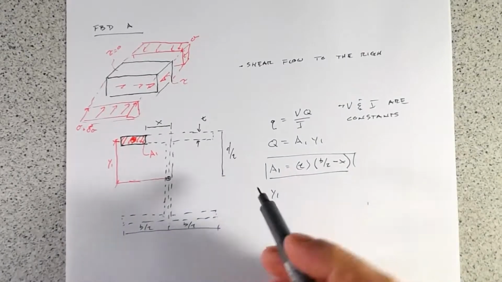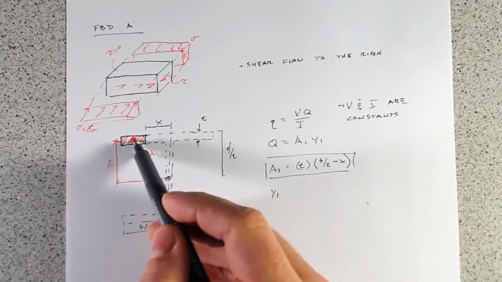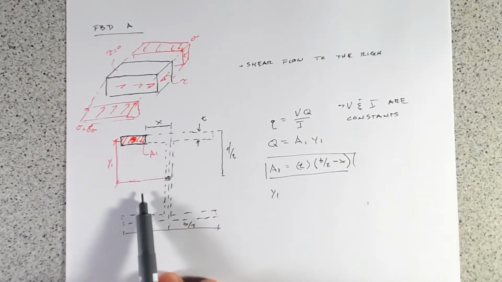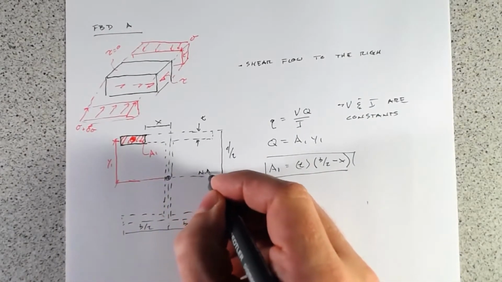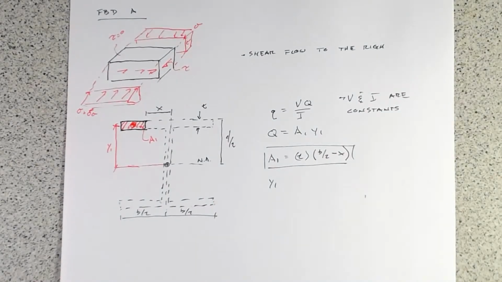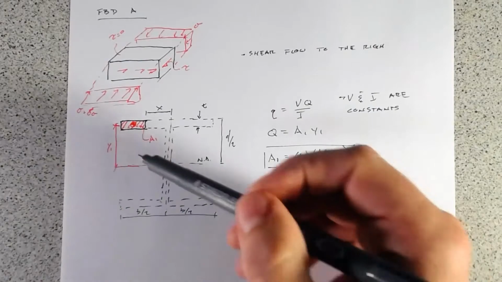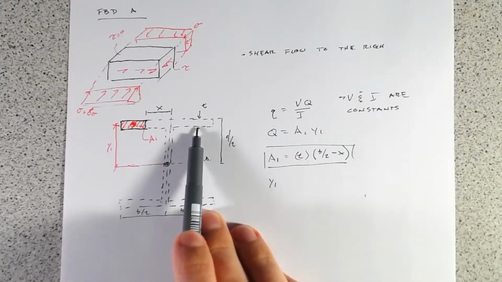Well, Y1 really doesn't change. So if A1 is really small, the distance between the centroid of A1 and the neutral axis of the section doesn't change. It doesn't matter how much bigger this gets. The centroid of A1 is always going to be located at a height T over 2.